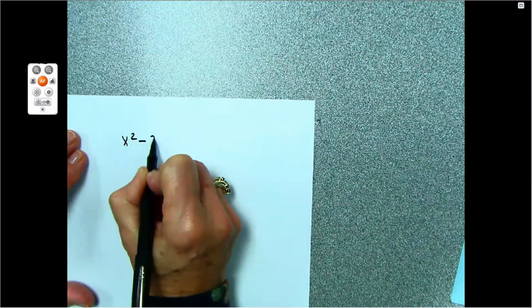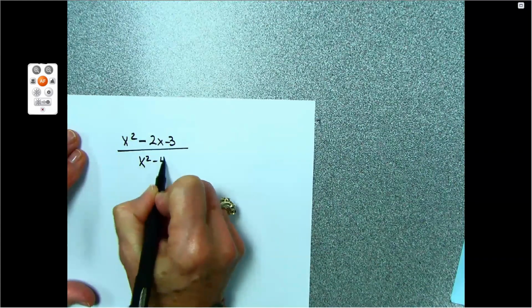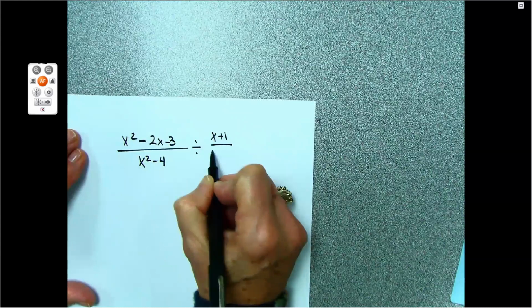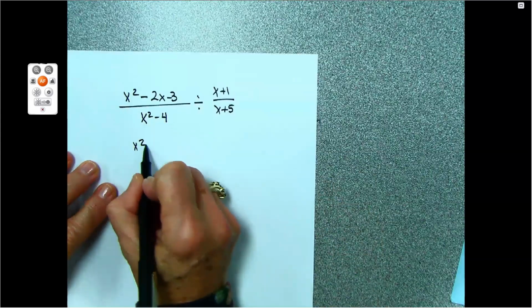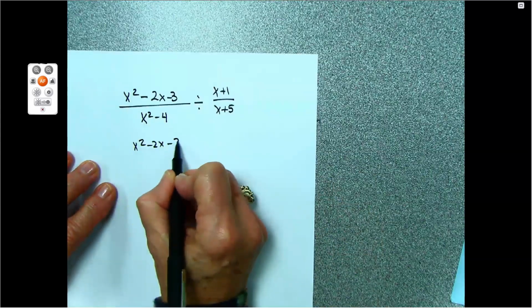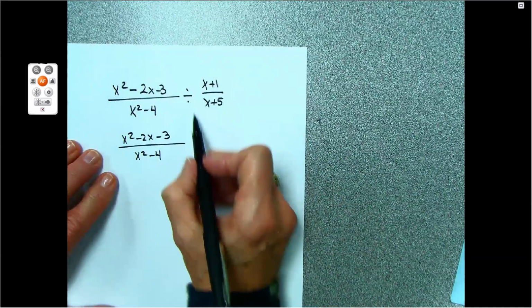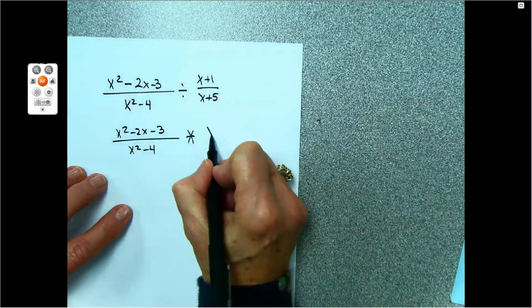X squared minus 2x minus 3 divided by x squared minus 4 divided by x plus 1 all over x plus 5. Well, I have rational expressions in division. I'm going to change division to multiplication and multiply by the reciprocal.